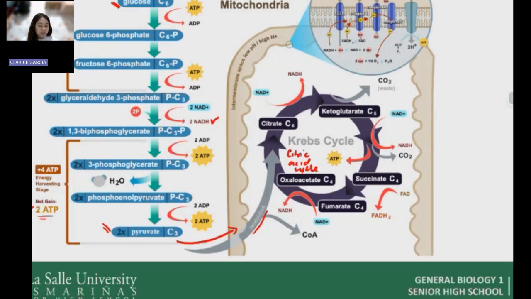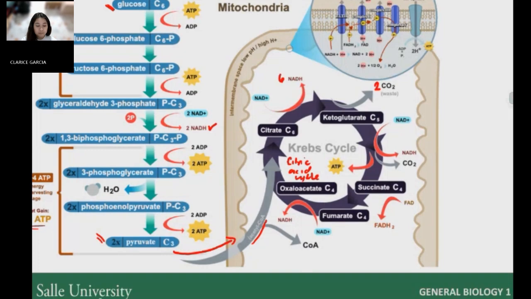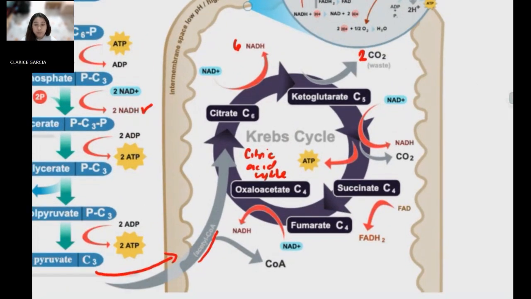Each acetyl-CoA will be broken down into two molecules of carbon dioxide. Along the way, the cycle will produce 6 NADH and 2 molecules of FADH2.